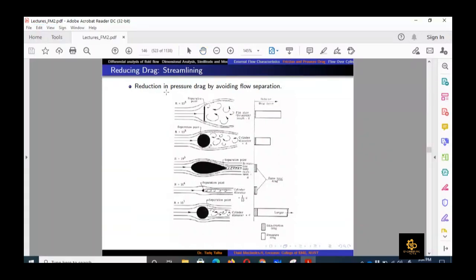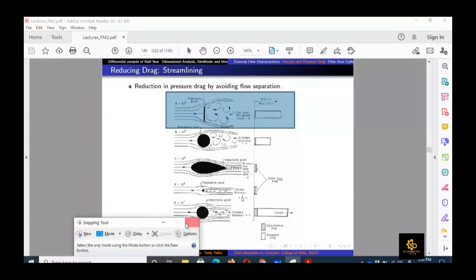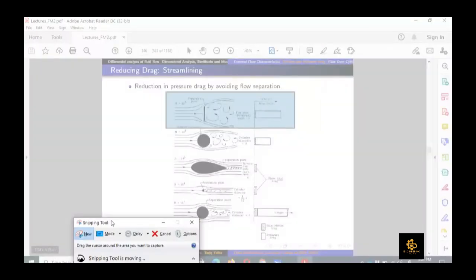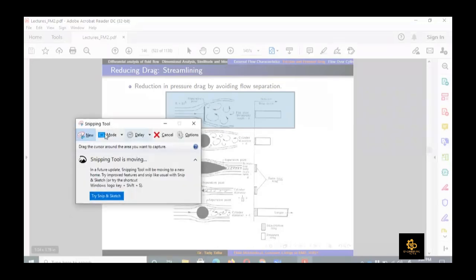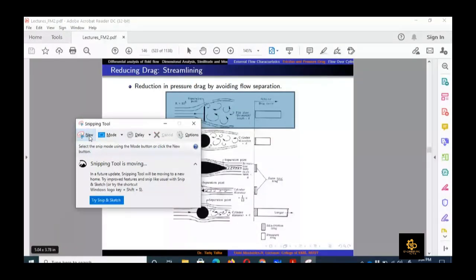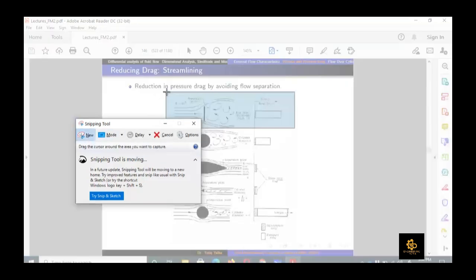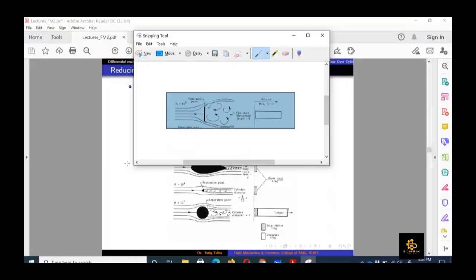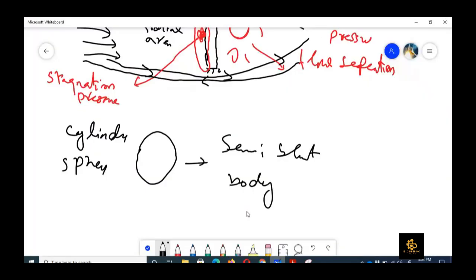First of all, if we see this figure, okay, I'm going to copy it and paste it here.